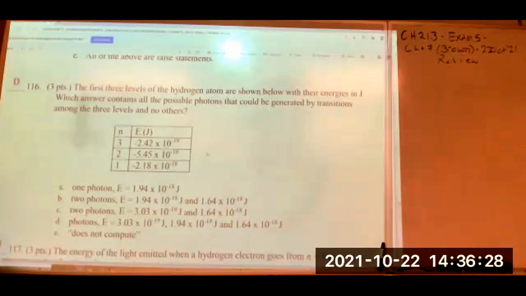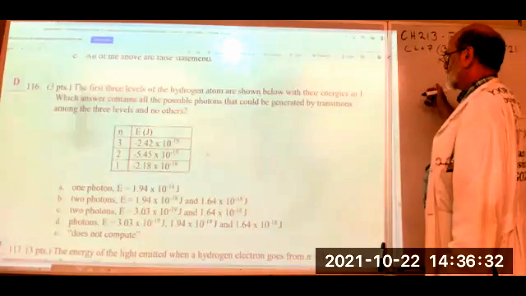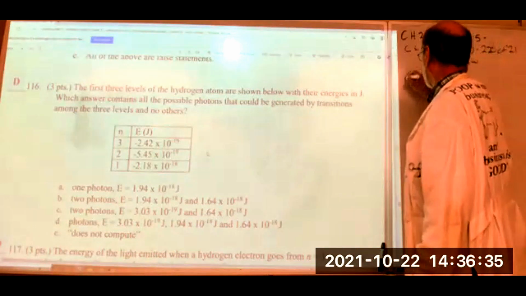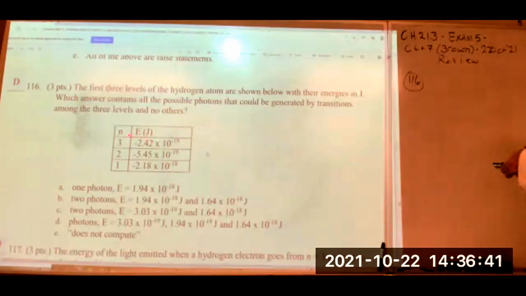The first three levels of the hydrogen atom are shown below with their energies in joules. Which answer contains all the possible photons that could be generated by transitions among the three levels and no others?